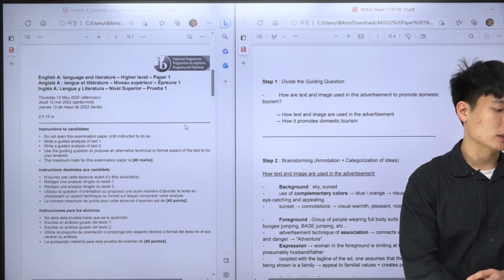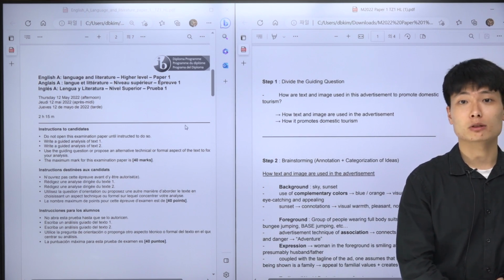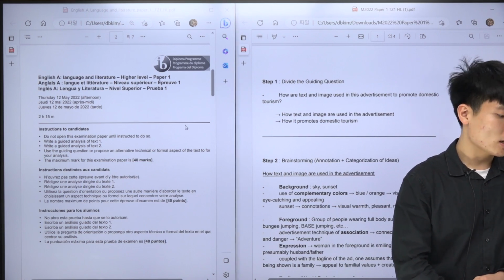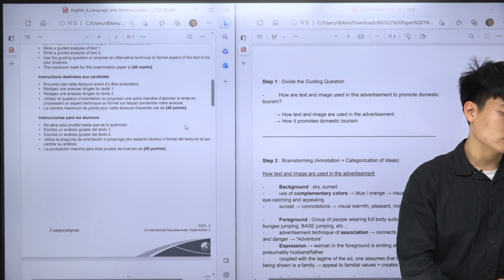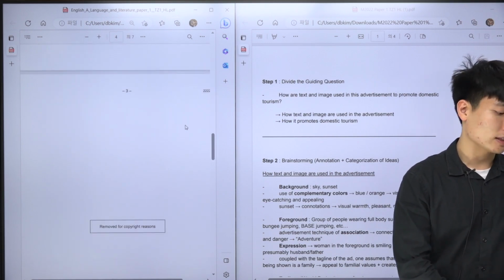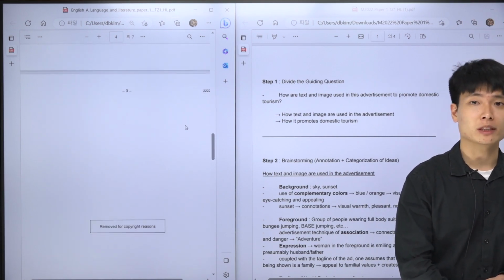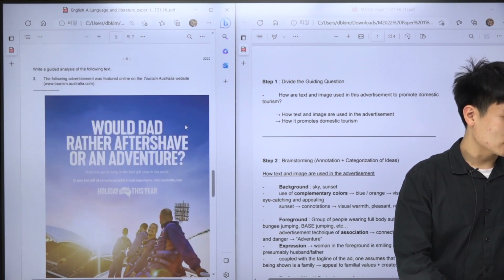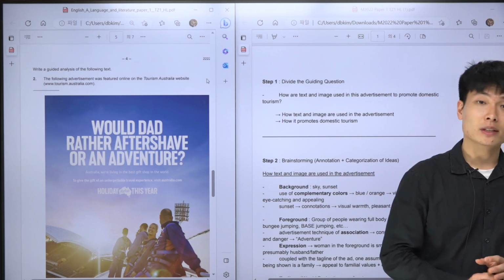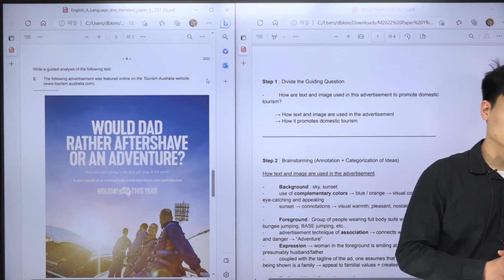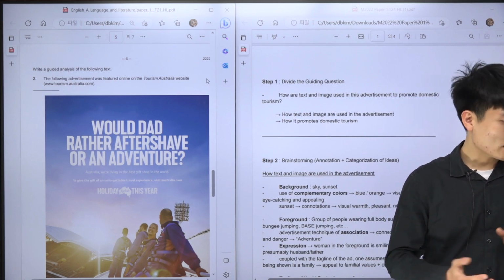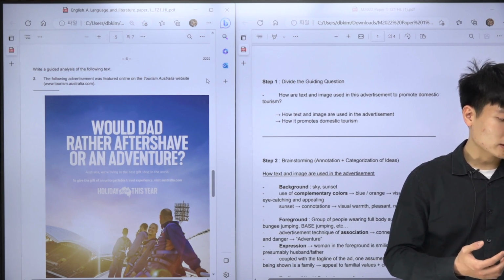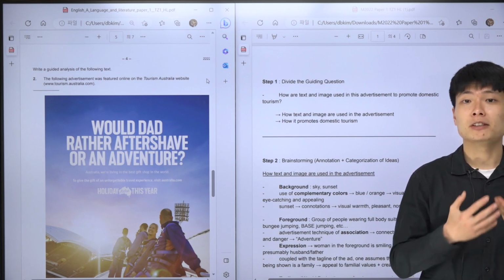So this particular Paper 1 is from the May 2022 examination session, and we're going to go straight down to text number 2, given that text number 1 has been removed for copyright reasons. So, text 2 is an advertisement that was featured on the Tourism Australia website, and just looking at it, we can tell that it's a predominantly visual source.